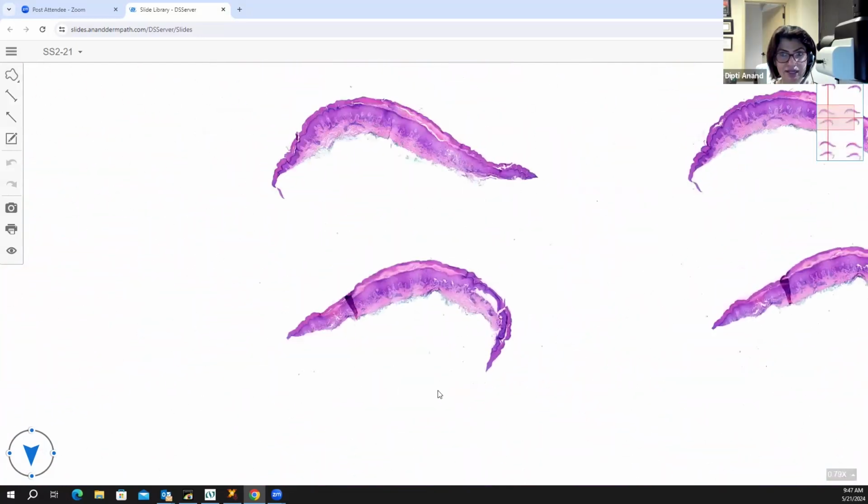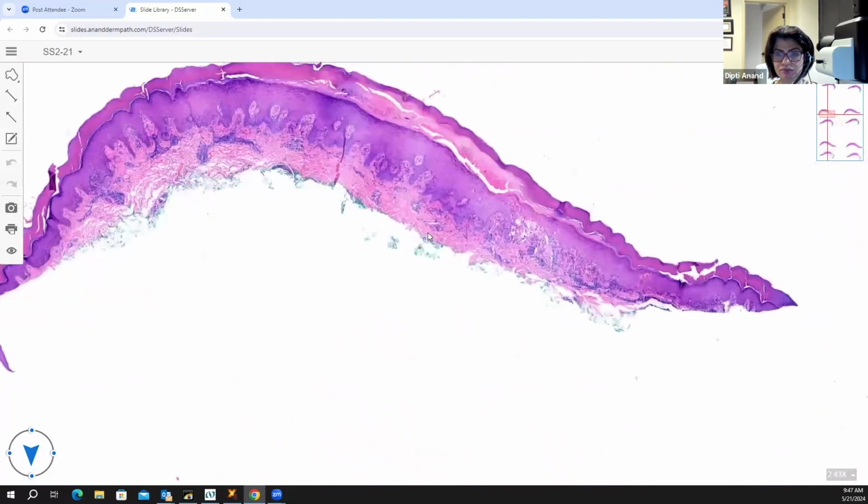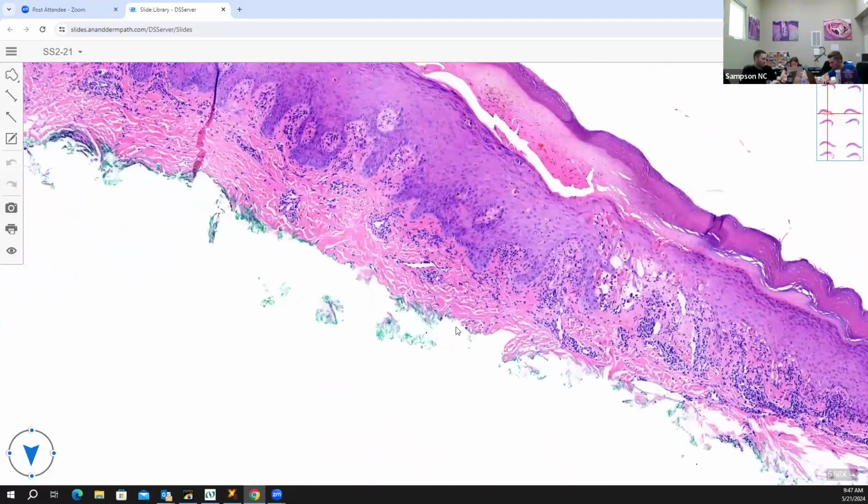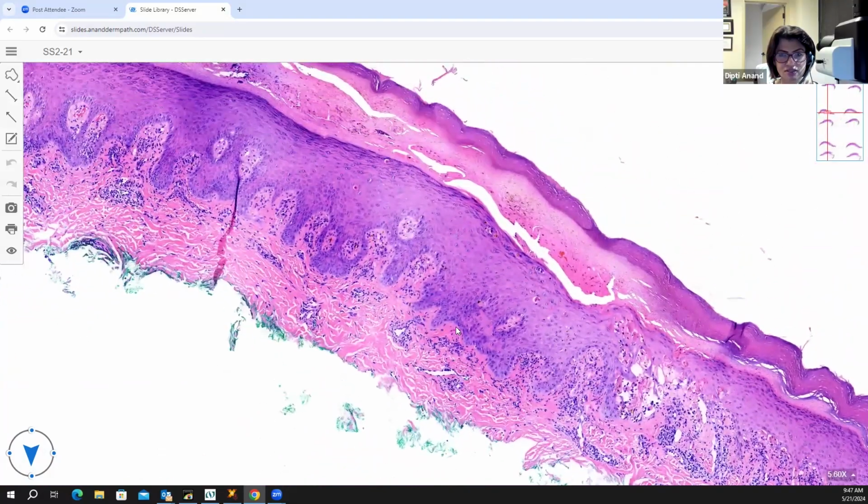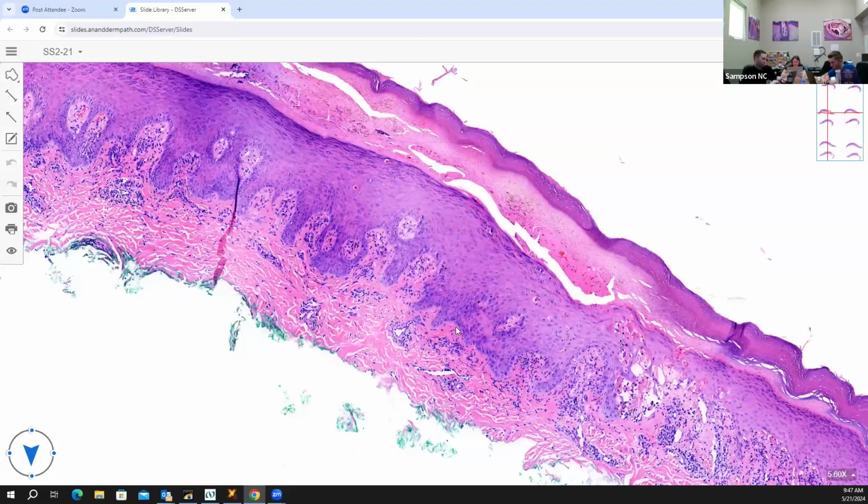What's the definition of acute versus chronic in an interface process? What makes a chronic interface? It's not the crust. It would be effacement of the rete ridges. Yeah, epidermal atrophy, hyperkeratosis, effacement of the rete ridge pattern, and thickening of the basement membrane, right?